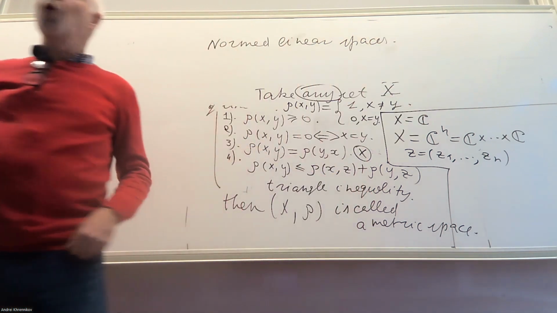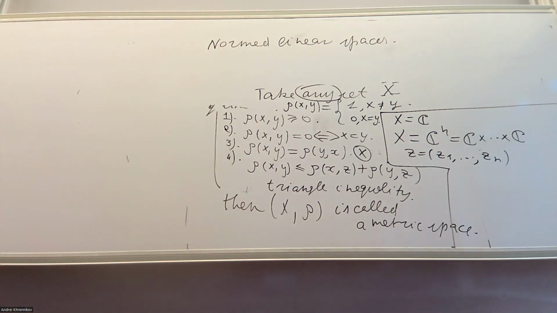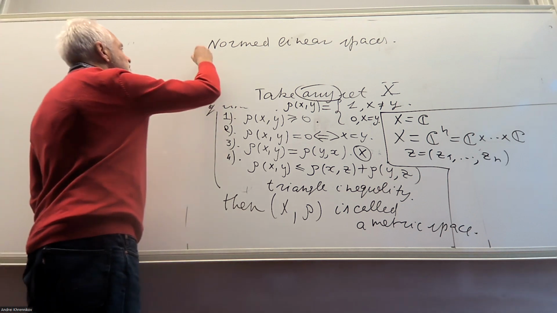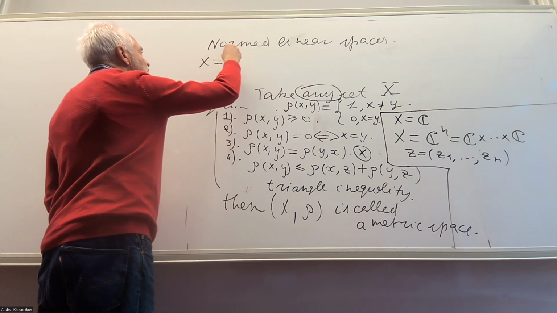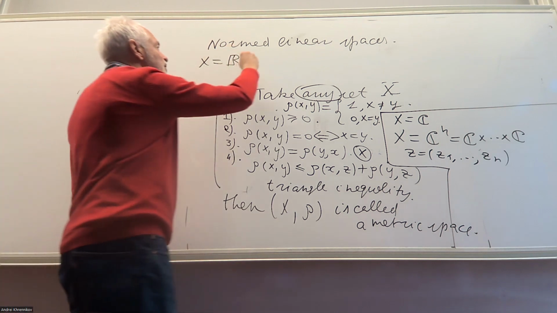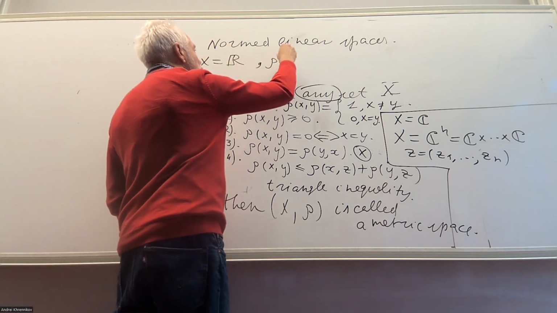The new word here is norm. The norm is a direct analog of absolute value. So go back to the real line. And here, of course, we have the distance between 2 points.